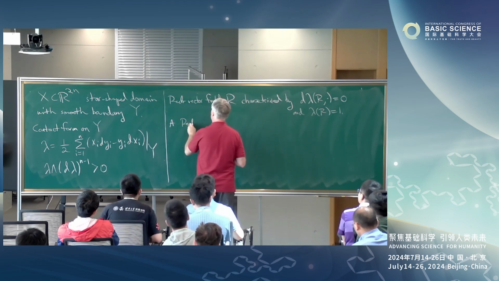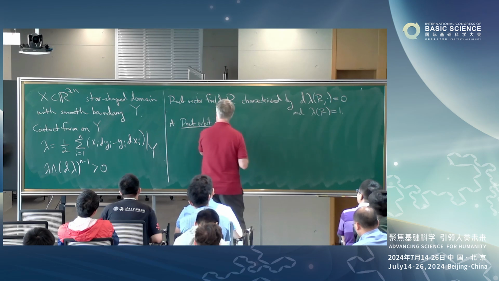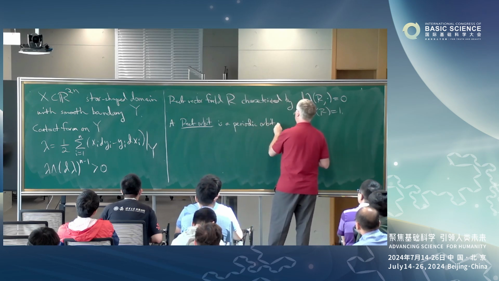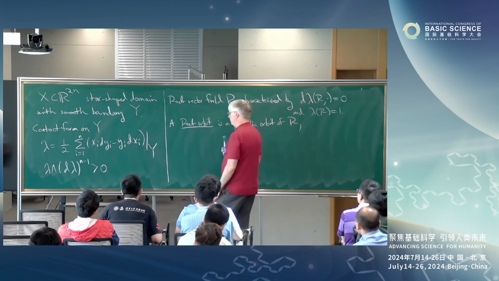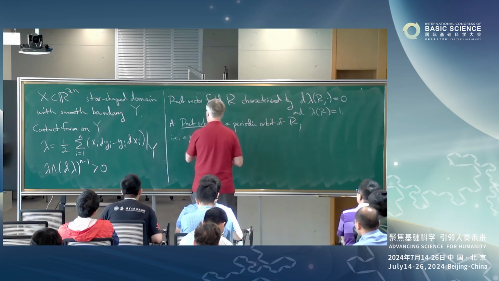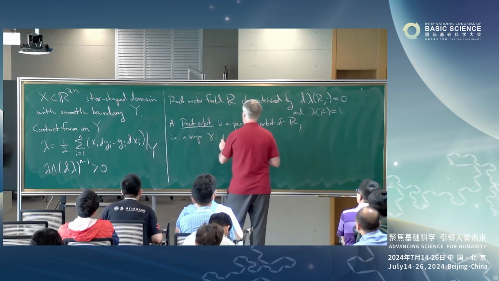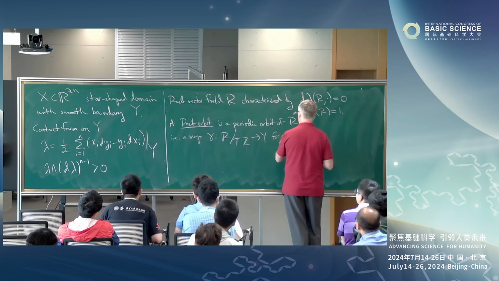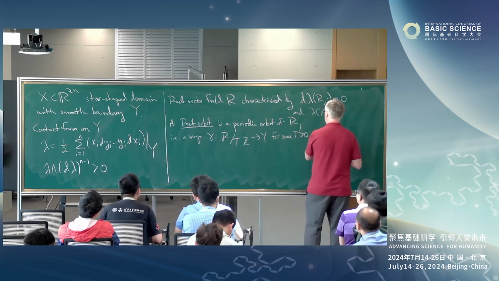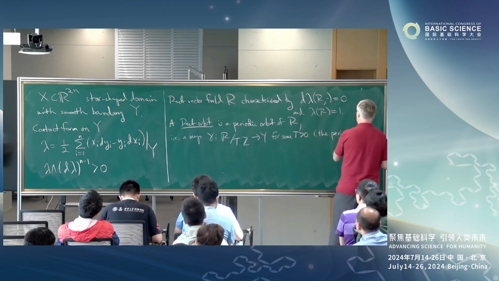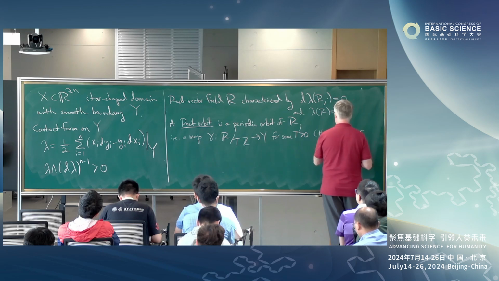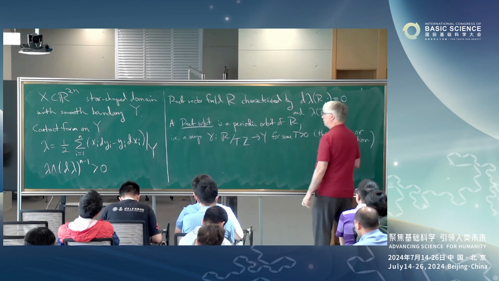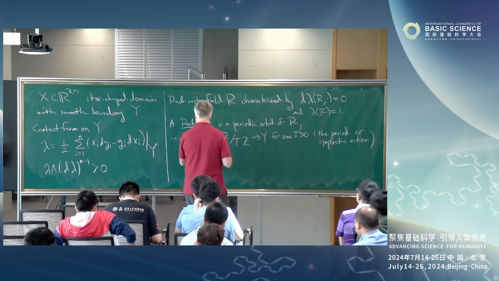I define a Reeb orbit as a periodic orbit of R, formally a map gamma from R mod TZ to Y for some T bigger than 0, which is the period, or it's sometimes called the symplectic action, such that it's a trajectory of the vector field.